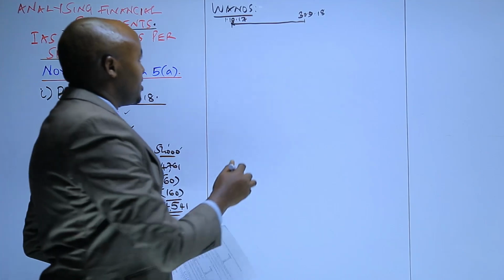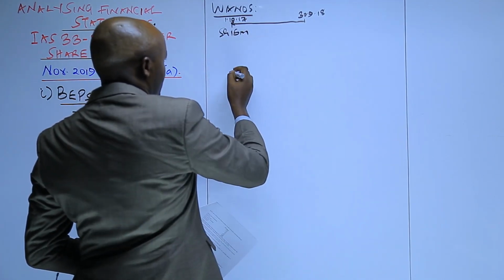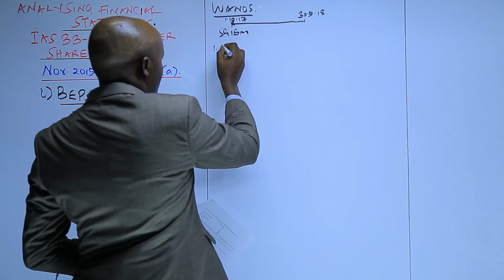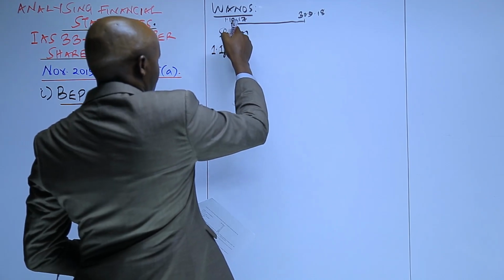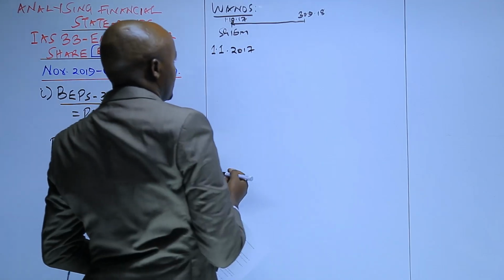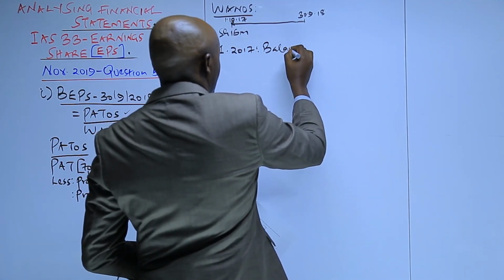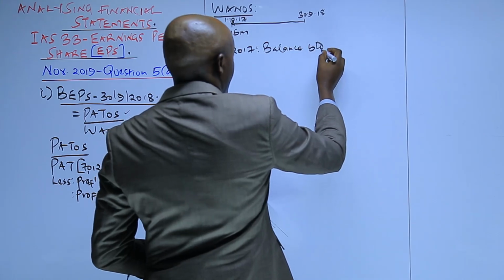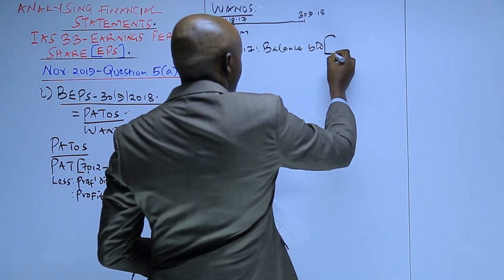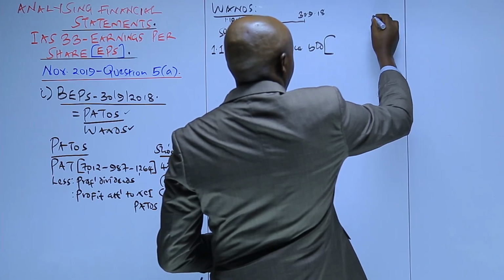So basically what you're given here is the share capital of the company. So therefore, to compute the weighted average, we take the shares issued and fully paid at the start of the year, which started on 1st of October 2017. We can refer to that as balance brought down. So we work with our figures still in thousands of shillings.